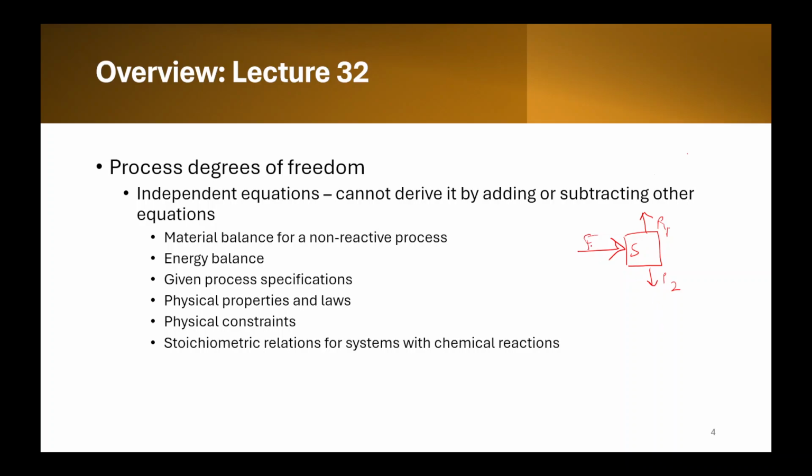Suppose this feed has two components, x1, x2. These are the concentrations in either mole fraction or mass fraction. This P1 may be a pure component or may have both these components as well, and P2 will also have both these components. So either the overall material balance or the component material balance.